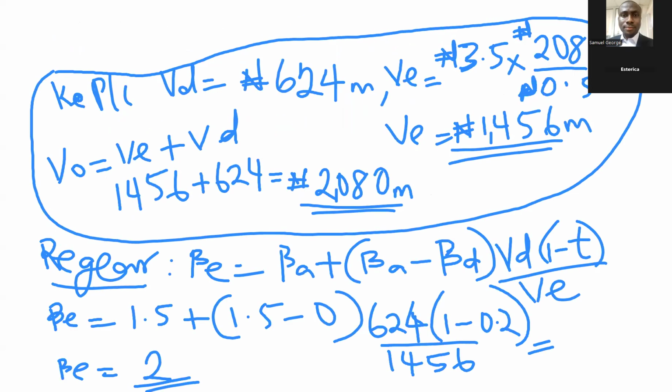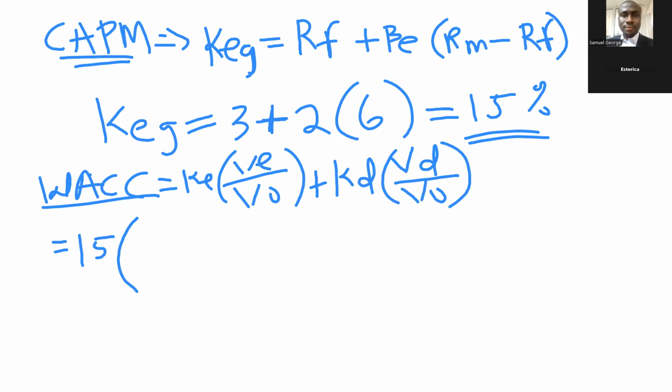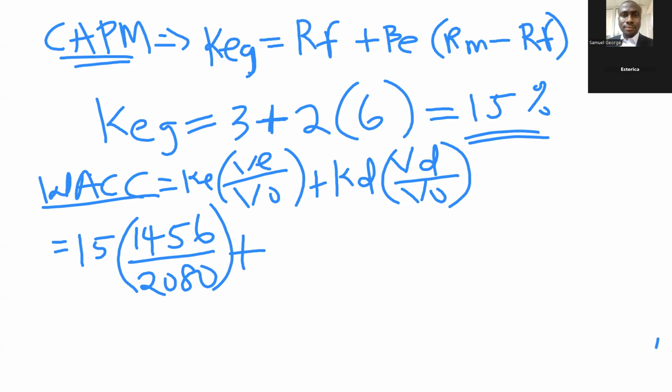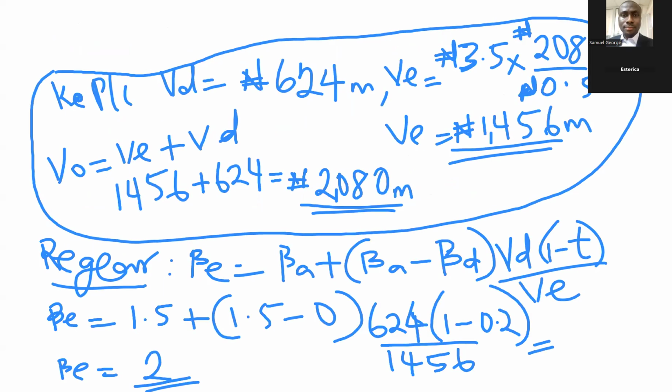VD is 624. So 1,456 divided by 2,080, right? Yes, that is VO. Then 624 is the VD.